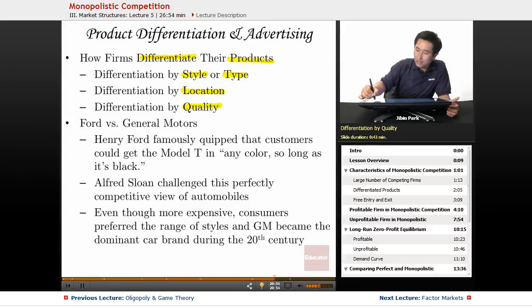So to kind of show you how it was actually important, at least in American consumer culture, product differentiation is absolutely important. For example, let's take a look at Ford versus General Motors.